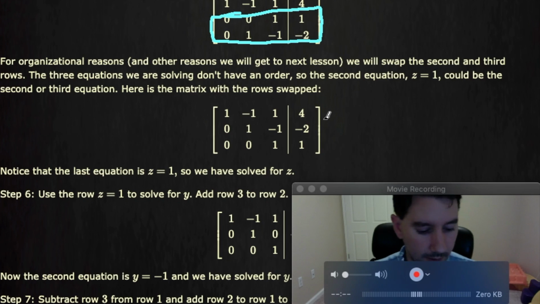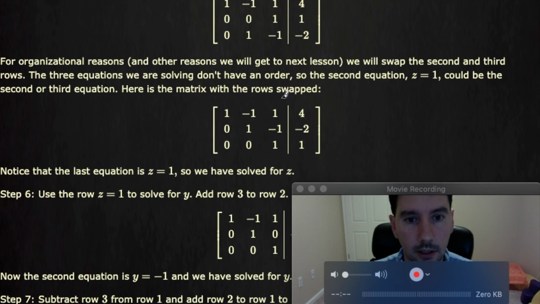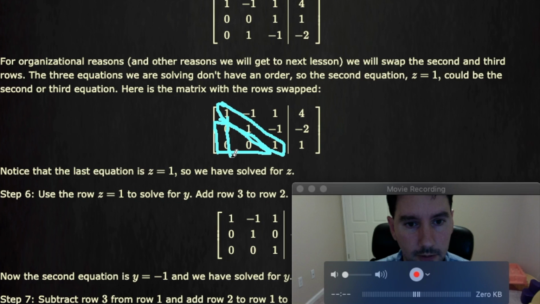So it doesn't change anything about what the equations are saying. We're just saying that now this is our second equation and this is our third equation. And the reason we're doing that is we want to get 1's along the diagonal here, and we want to have 0's down here below. So this is our x, and we've canceled all the rest of the x's below it. This is our y, and we've canceled out the y's in the equations below that.